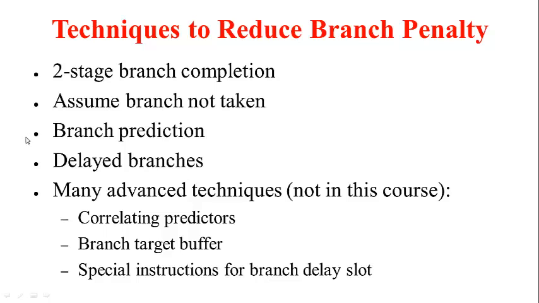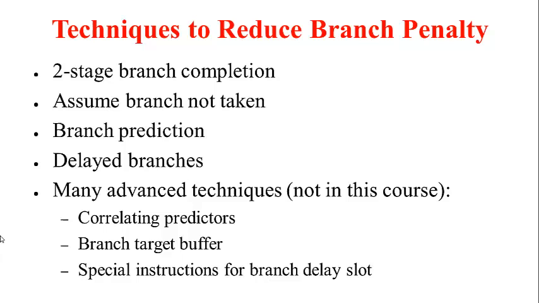This helps in cases where the prediction is correct and does not help in cases where the prediction is wrong. There has been a lot of effort to improve branch prediction techniques. A technique which is used at the instruction set architecture level is that of delayed branches, where the semantic of the branch itself is changed to mean that the branch will be delayed after one instruction delay.